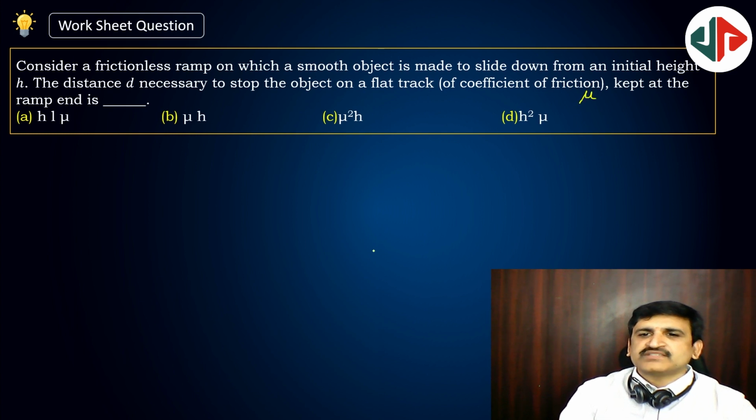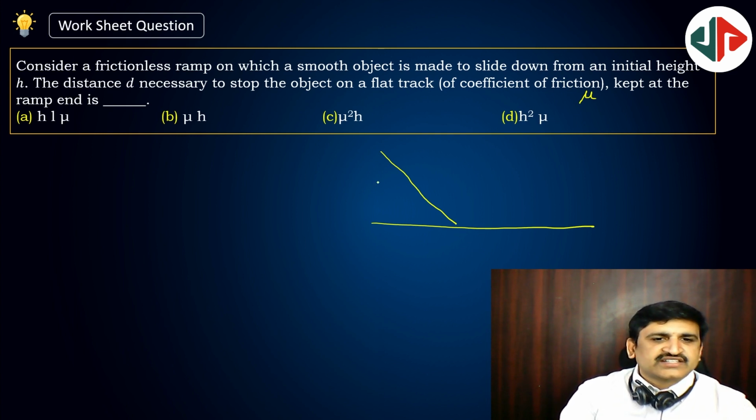The symbol is missing. Consider a frictionless ramp. This is a frictionless ramp, and at the bottom, the object slides down from an initial height h. Now here is some distance d, which is rough. How much is needed to stop?